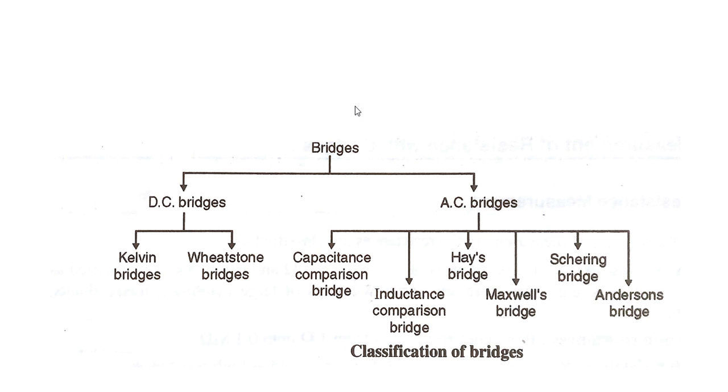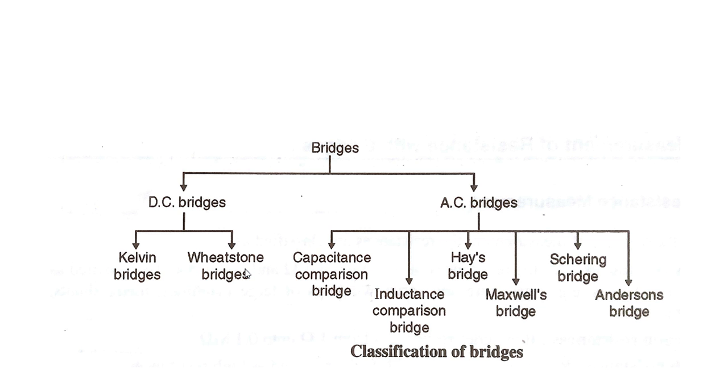Now if you see the classification as discussed earlier, they are classified into two types mainly. One is the DC bridge, another is the AC bridge. In DC bridges there are two famous bridges: one is Kelvin's bridge and another is the Wheatstone bridge.